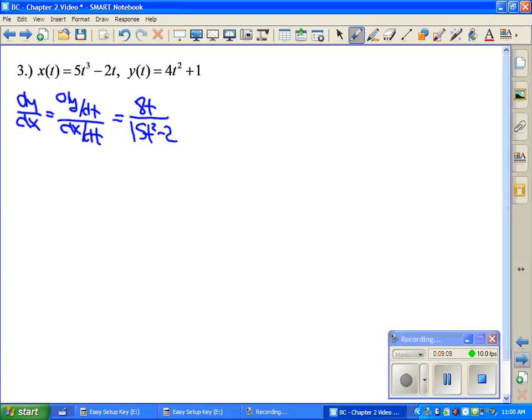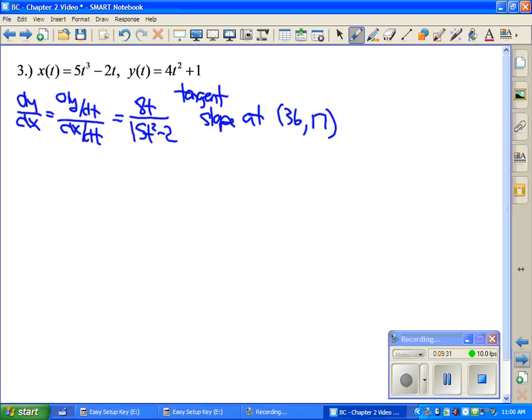And then I could ask you things like, for example, find the slope at the point 36, 17. Or to be more specific, I could ask for the tangent slope. So what you have to do is you have to find the value of t that would make x equal to 36 and y equal to 17.